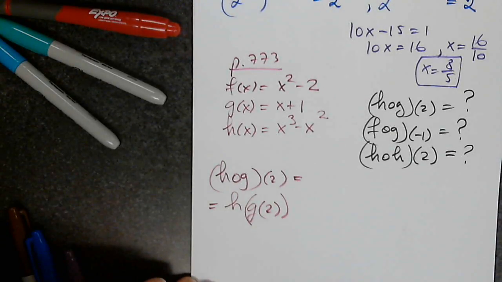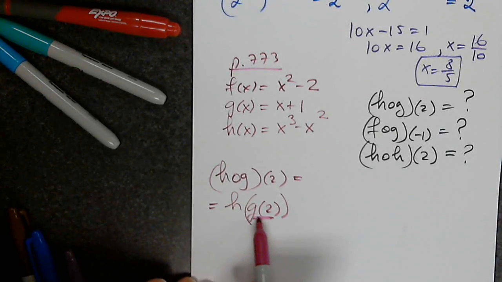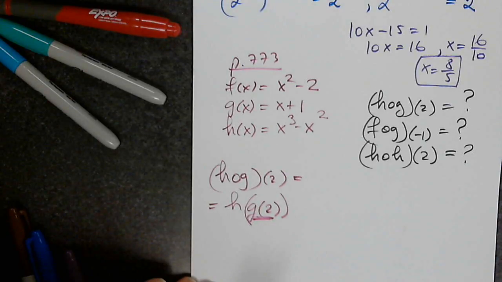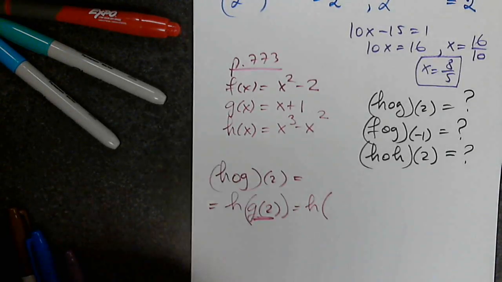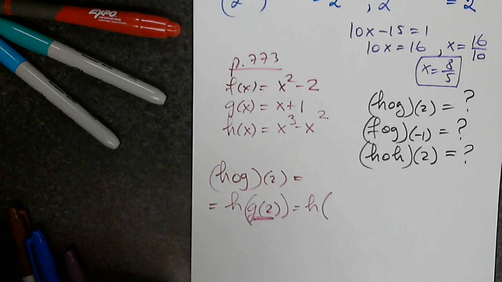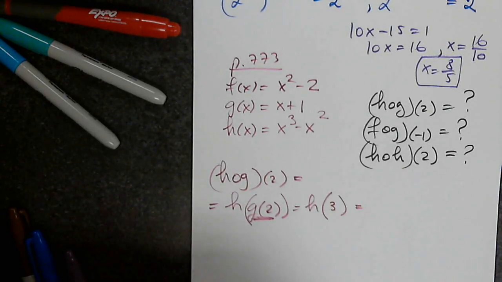Where is the starting point? Of course, from the inside. I have to find g of 2 first. Okay, so can anyone give us g of 2? 3. Exactly. And now I know what I have to determine.